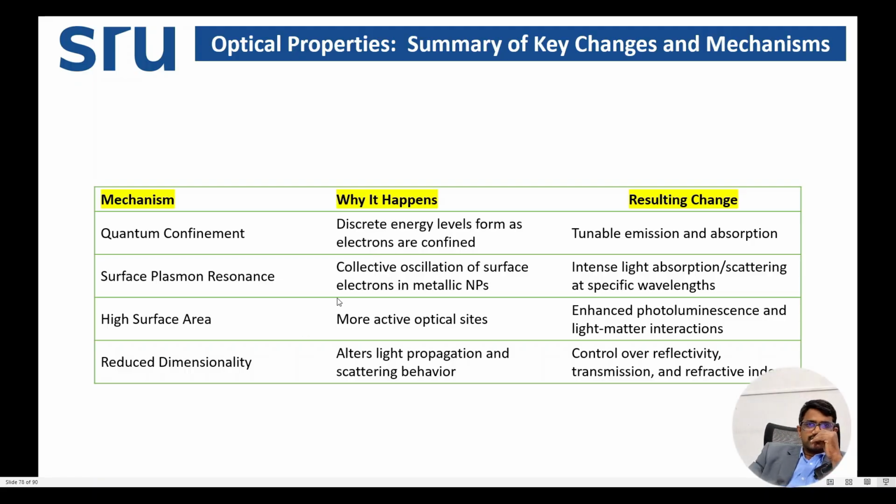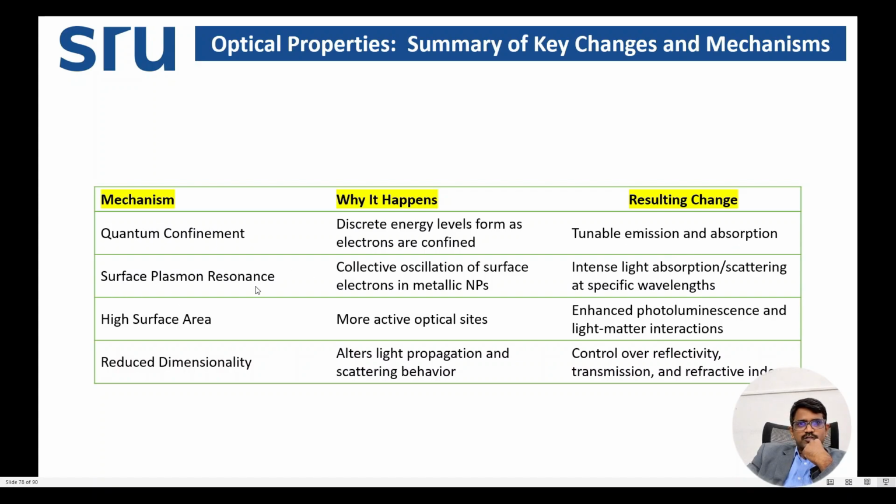So because electrons are confined, discrete energy levels form. What is the resulting change? Tunable emission and absorption. Because of this mechanism, this is the result.